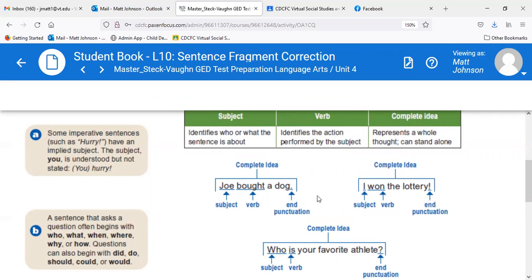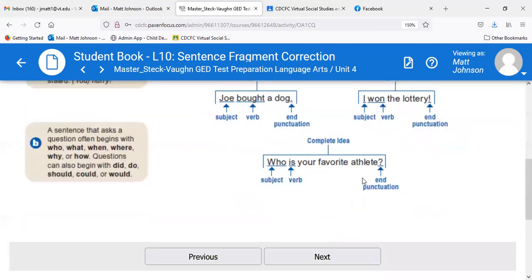We end with the period as punctuation, nice and simple. Same thing with "I won the lottery!" Here we're using an exclamation point to emphasize that fact, right? Because that's exciting. So I is the subject, won is the verb, the lottery completes the sentence.